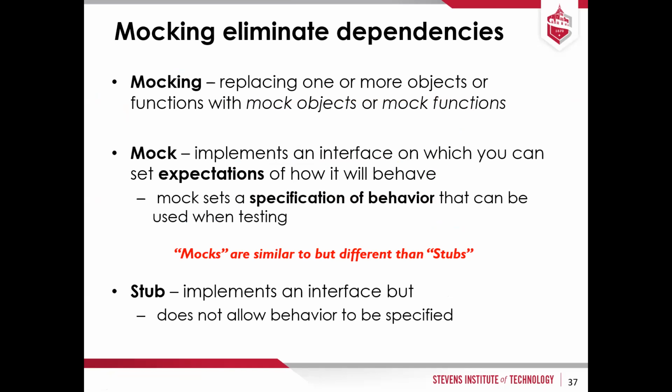All the objects that dynamically depend on the data or changes in the environment would switch to be static. So when I run different tests, I can have the same behavior every time. Under mocking, we have a mock, which implements an interface on which you can set expectations, what the result will be. And we have a stub that implements an interface but does not allow behavior to be specified.